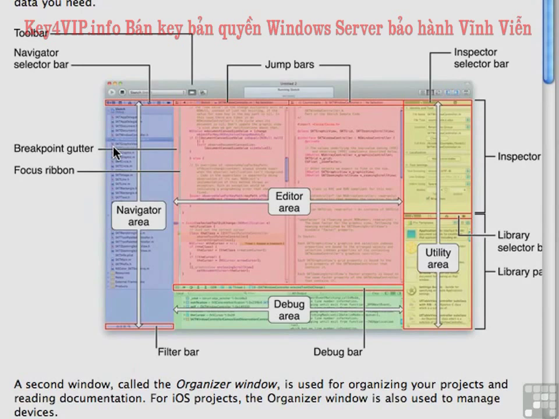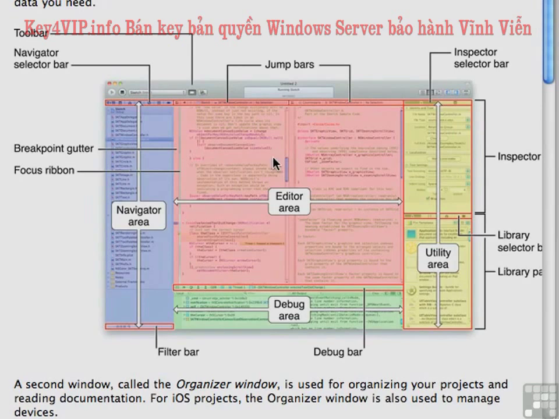The Navigator area appears on the left side of the workspace window and offers a selector bar for selecting the project, symbol, search, issue, debug, breakpoint, and log navigators. That's 7 navigators: project, symbol, search, issue, debug, breakpoint, and log. Whichever one you click on up here shows up here in the Navigator area.